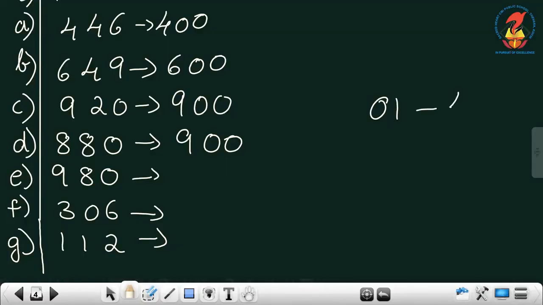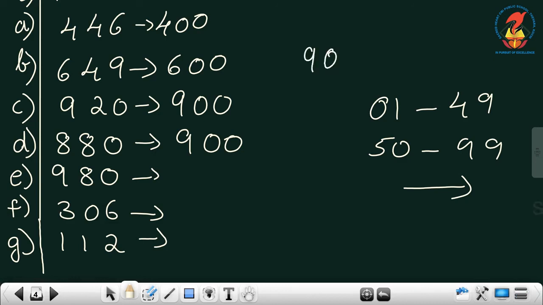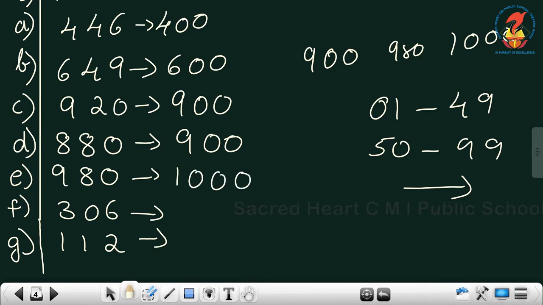You have 0, 1 to 49 and 50 to 99. 80 comes over here. So that means it is rounded to the next 100, which is 1000. So 980 is rounded to 1000. The answer will be 1000.